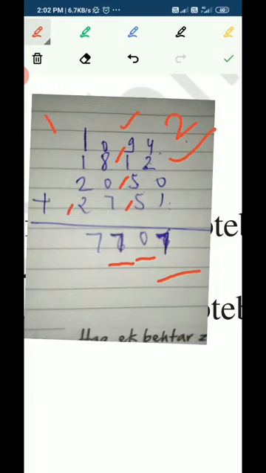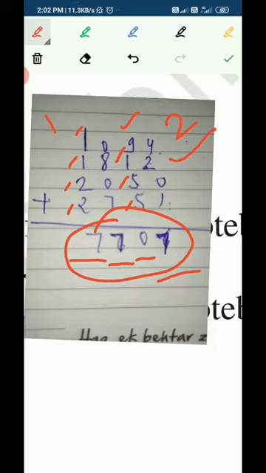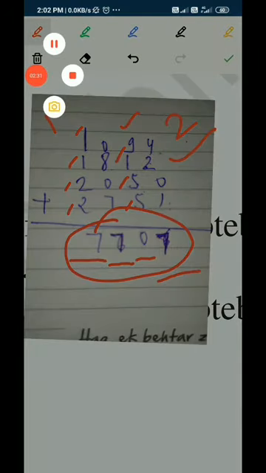Then 2 plus 2 is 4, plus 1 is 5, plus 1 is 6, and the 1 we carried, it will become 7. So the total number of tickets sold we have found is 7707. 7,707 tickets were sold on all the 4 days of the exhibition. I hope you have understood the solution of the first question.